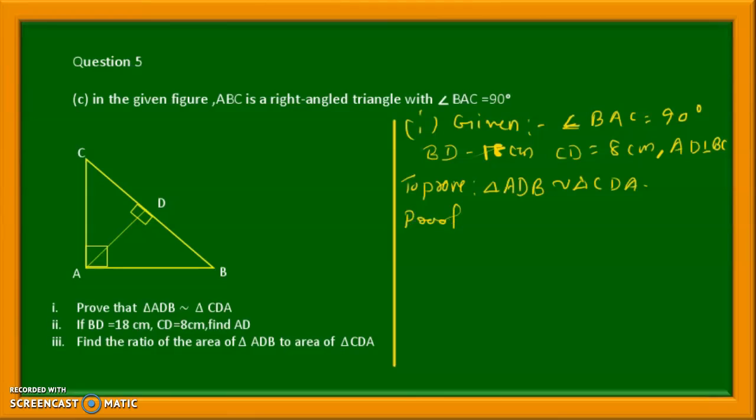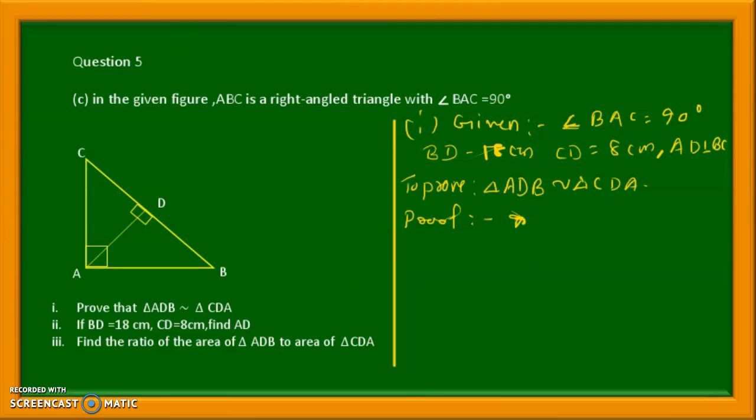So how can we prove this one? Proof part here. Which two triangles can we take here? The triangle CDA, the small triangle, and CAB. Both of these, ADB and CAB. Correct? So we can first take this triangle.